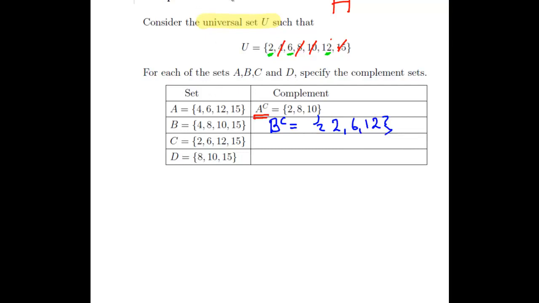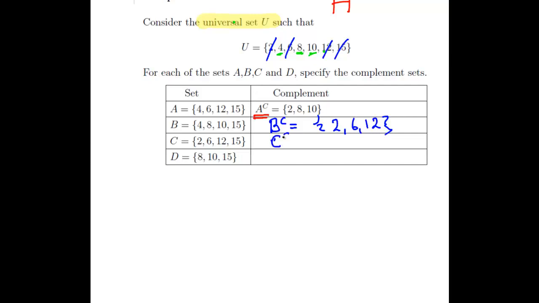Okay, so the next one here is find the complement of C. So, we're not including 2. We're not including 6, we're not including 12, and we are not including 15. What do we have left? We have 4, 8, and 10.